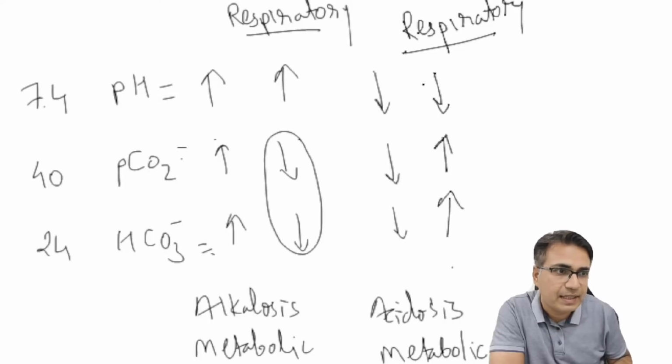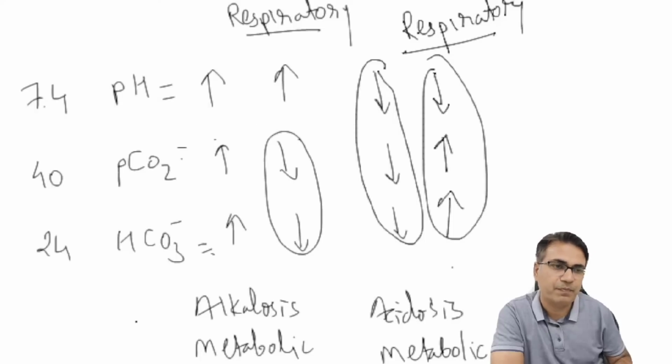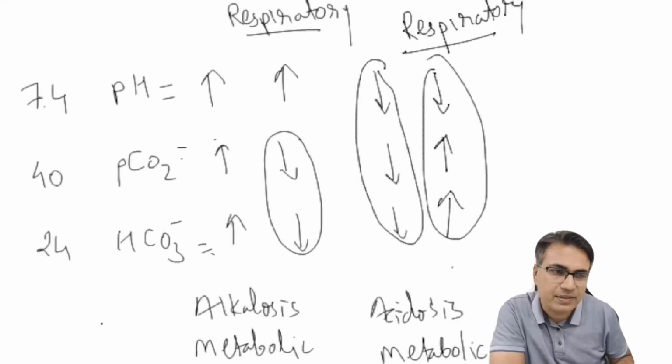Here it is respiratory acidosis, metabolic acidosis. This is metabolic acidosis, respiratory acidosis, respiratory alkalosis, and the first one is metabolic alkalosis. So it is very easy to understand with this trick.